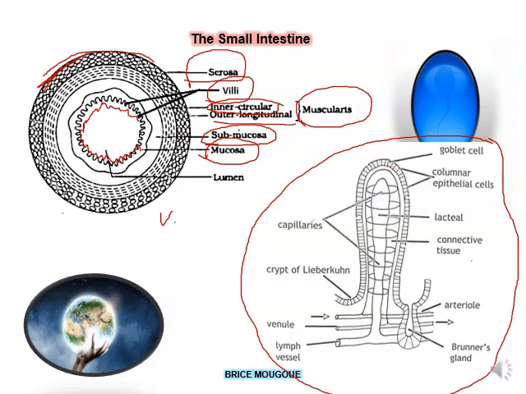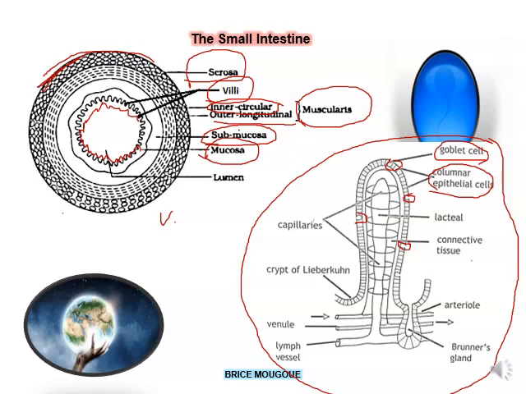We have the columnar epithelial cells that form the outer boundary. Infiltrated in between the columnar epithelial cells, we have goblet cells. You'll see goblet cells have an opening facing outside, like a cup. These goblet cells are involved in producing mucus that helps to lubricate.